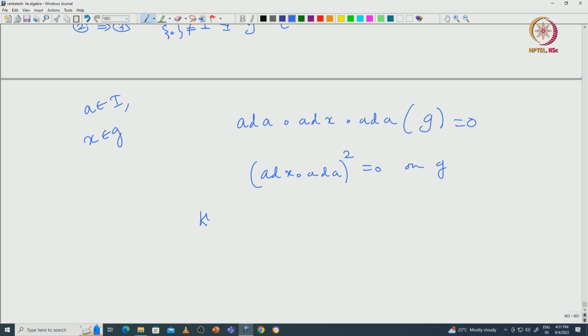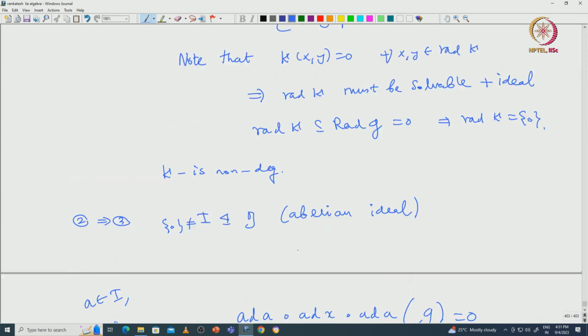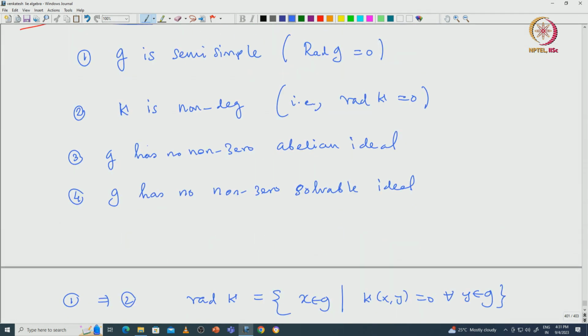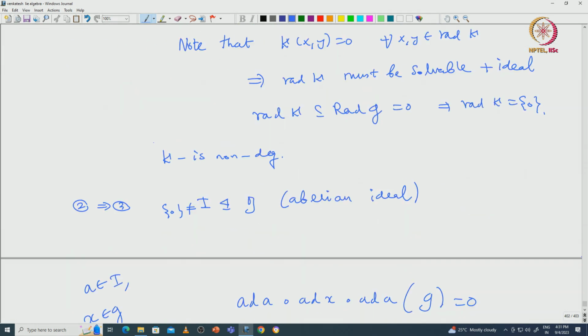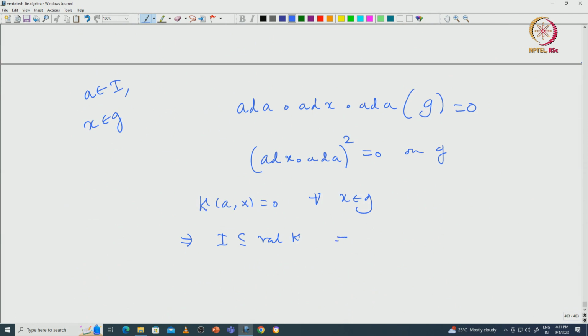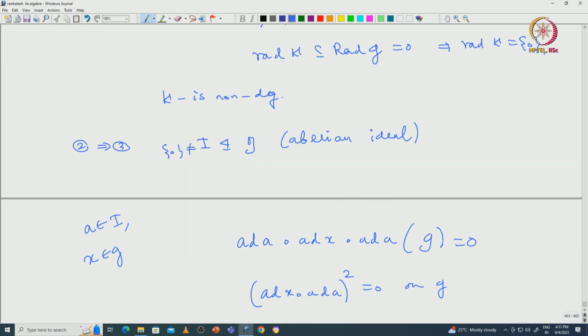So, ad X composed with ad A is a nilpotent operator on G, and kappa of A x is 0 for all x in G. This implies I is contained in the radical of kappa, but the radical of kappa is given to be 0, that is condition 2. So, I must be 0, which is a contradiction because we started with I being non-zero. That proves that 2 implies 3.